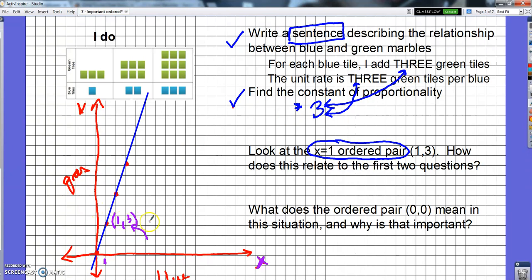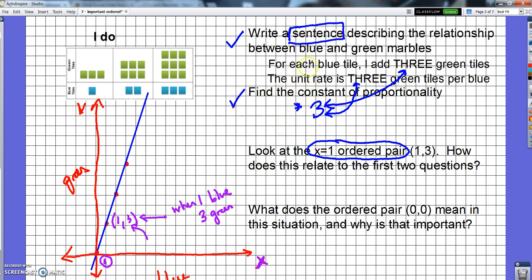If you think about that, that is an ordered pair that tells me when 1 blue, 3 green, right? And that's all that ordered pair means. When there's one blue, there's three greens. And I picked the x equals 1 ordered pair because, check it out, that's my unit rate. Unit rate is whenever you have a 1 of the x value.